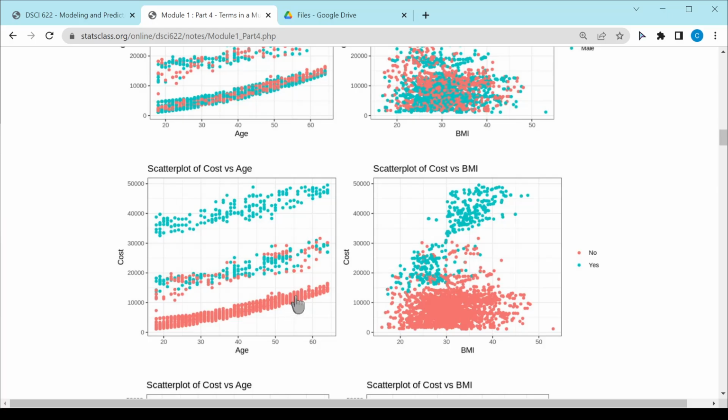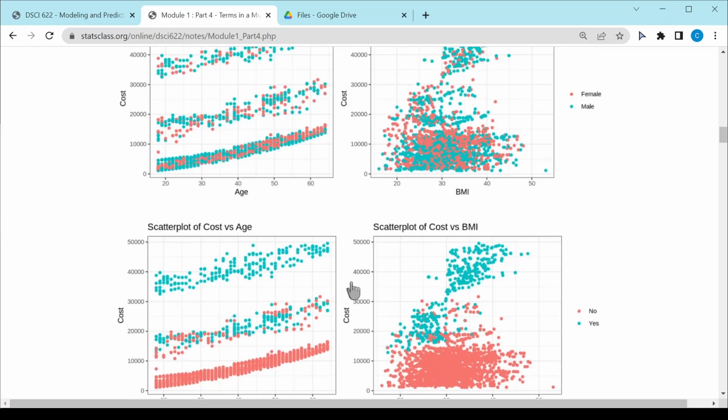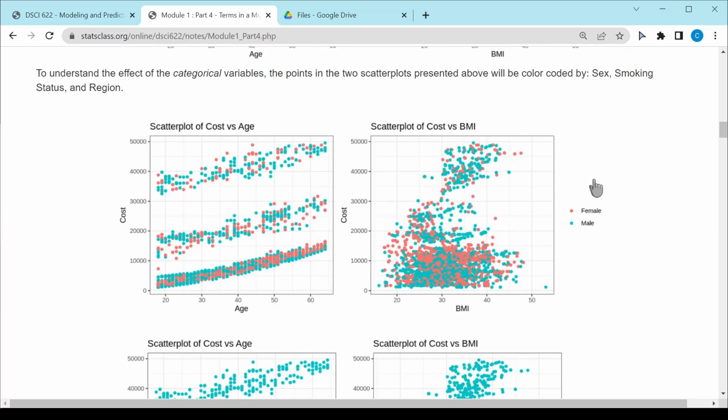Certainly you can see a distinction between the non-smokers and smokers, and I have this middle region that is kind of intermixed. Again, if we're looking at the sex here, the points tend to be intermixed regarding those three distinct groups. So I would say that the sex is not a cause as to why these points are grouped in the way they are.